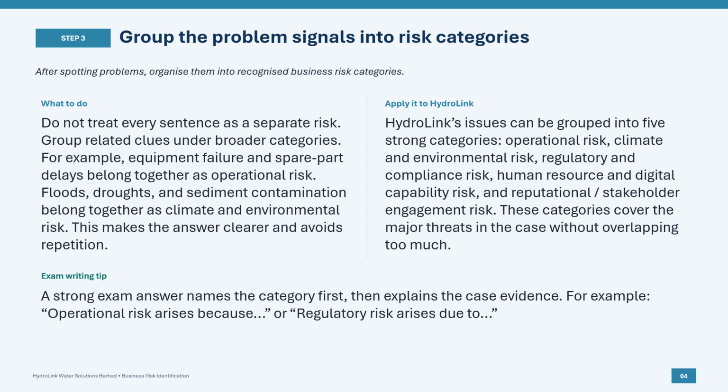Then you have a very solid identified risk. Give you another example, regulatory risk. When you say regulatory risk, you need to find out why. Still remember the compliance in 2027 in the case? That is the example you need to link to.